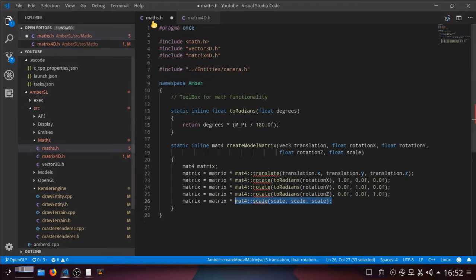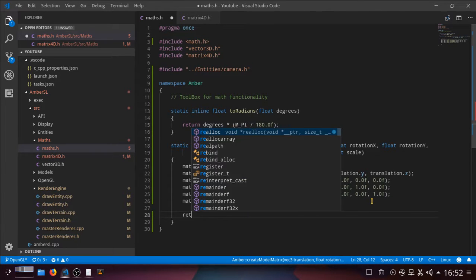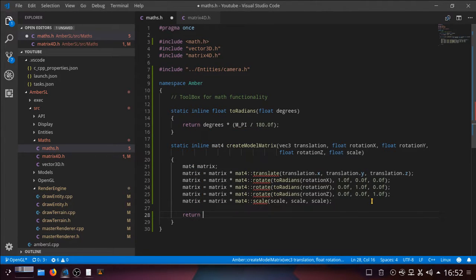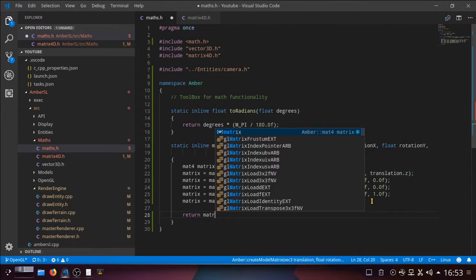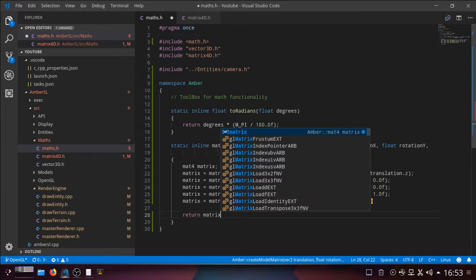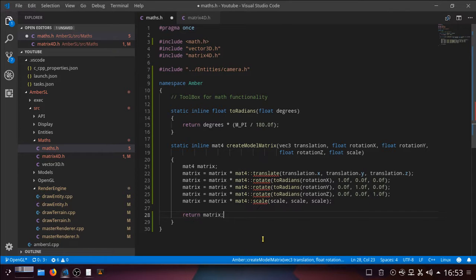Notes should not have semicolons at the end. Yeah, that's it. So we're going to do those functions in the correct order, and then all we're going to do is return the matrix. And that's it. Complete. Next.